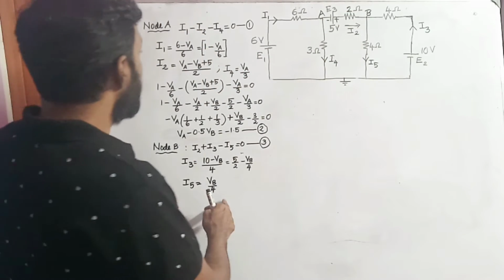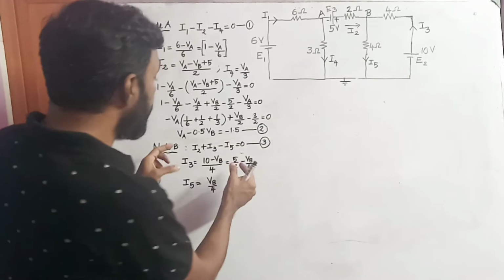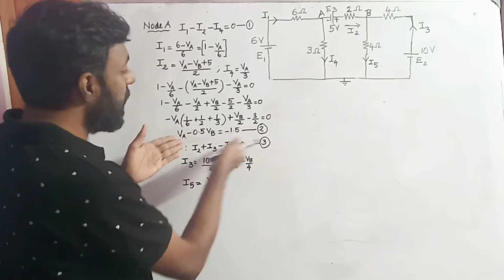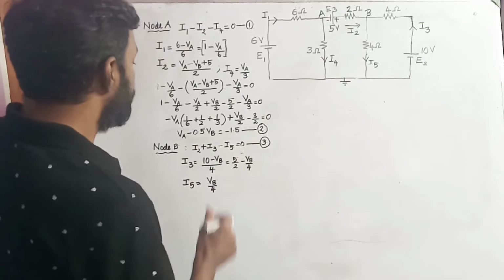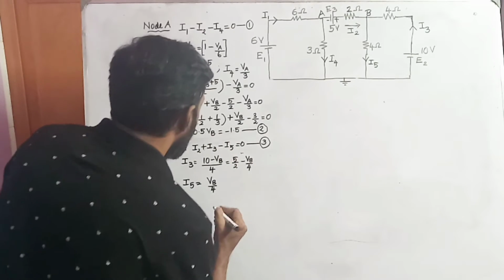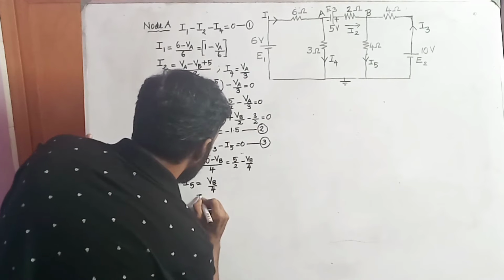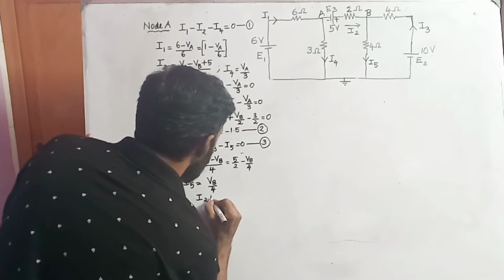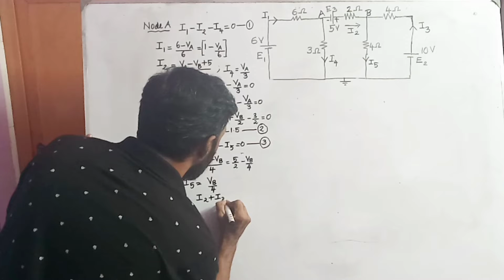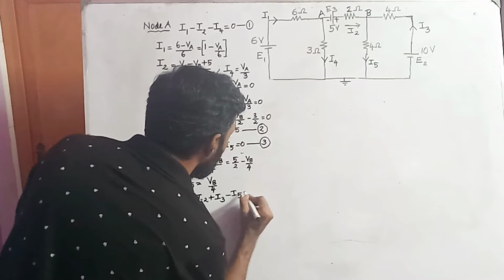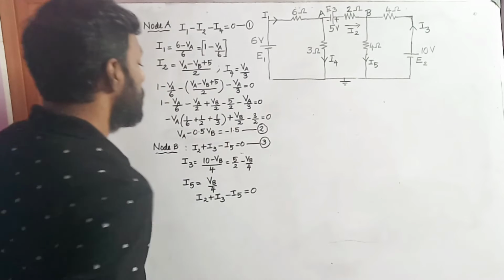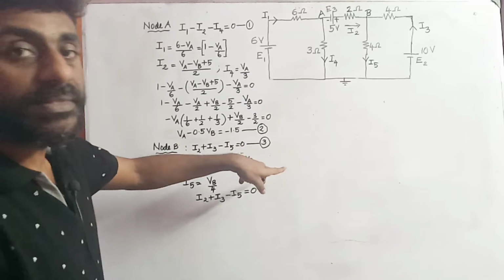So you have got all the values. Now I'm going to substitute these values in this equation: I2 plus I3 minus I5 equal to 0. I'm substituting it in equation number 3.